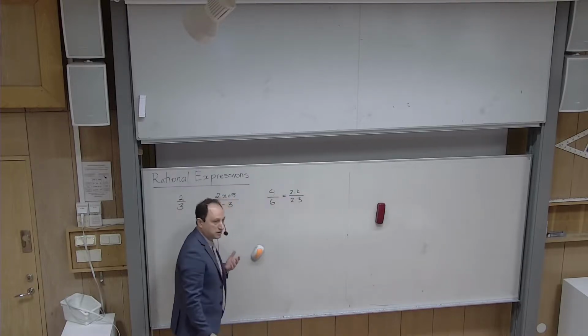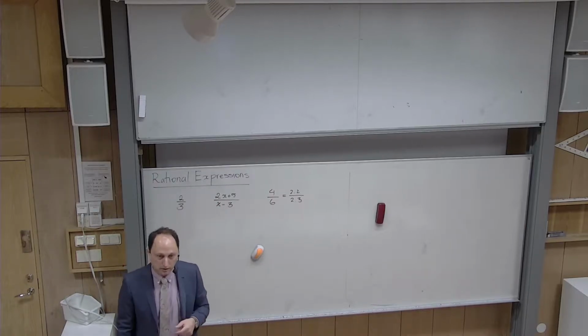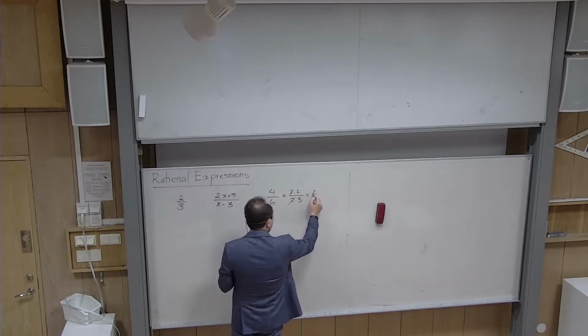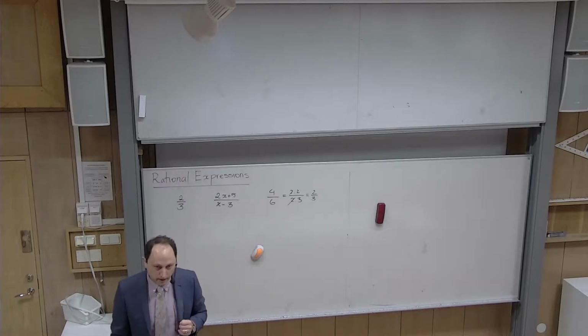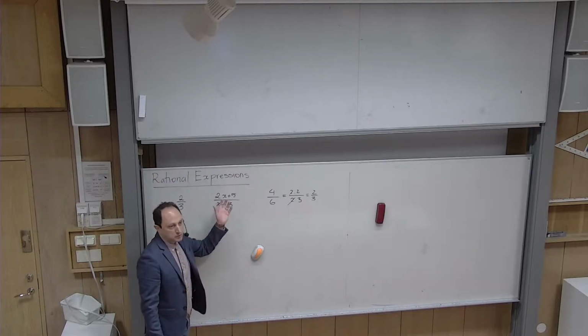Factorize means writing this as a product, and then you cancel out the common factors from the numerator and the denominator. This was so simple for us that we didn't even care about writing the factorization. We did it in our head, yes? But for the case of rational expressions, you have to spend some time to factorize the numerator and the denominator.